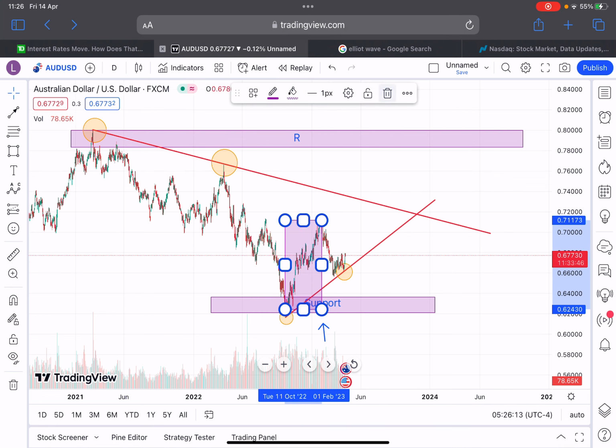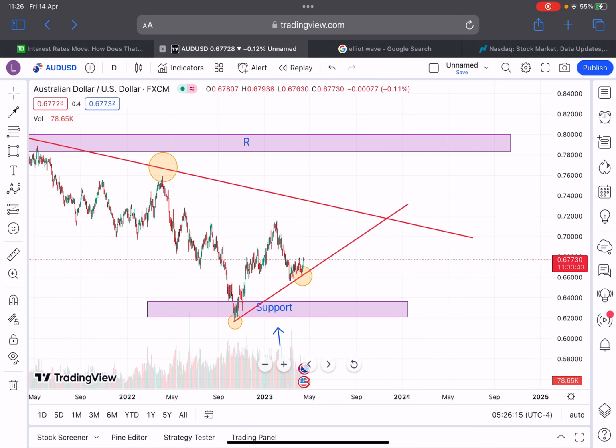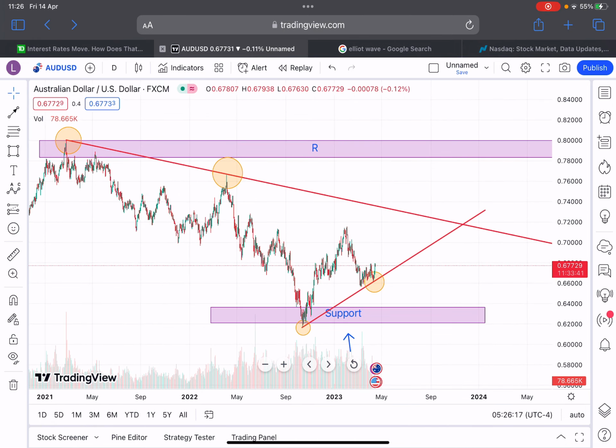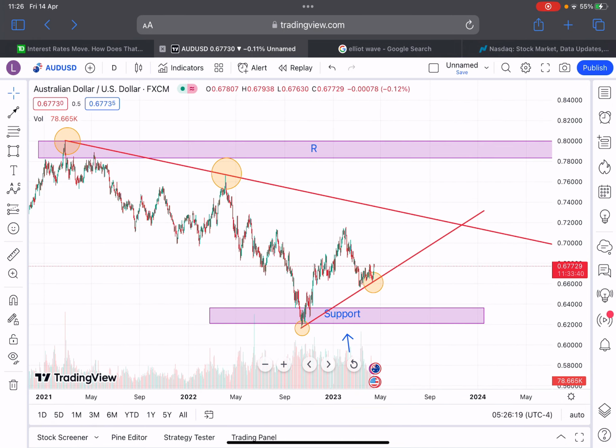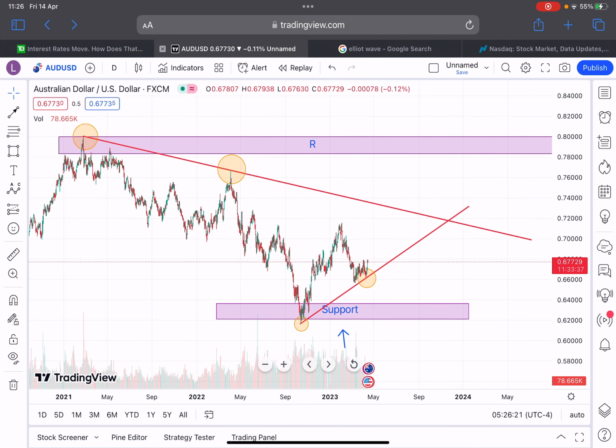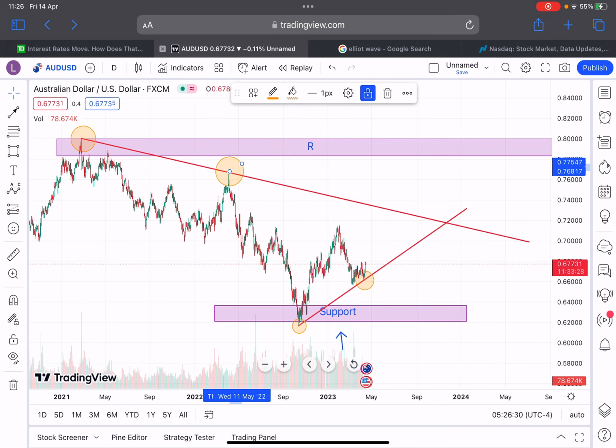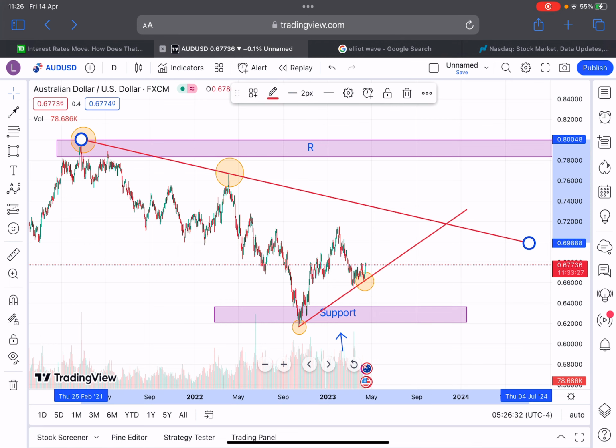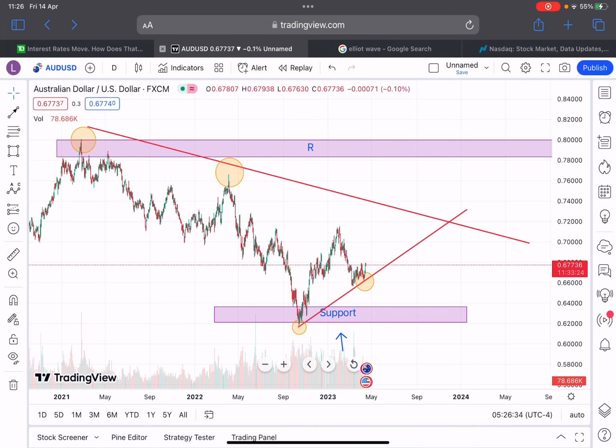So what we'll have to do is identify our touch 3. It is compulsory at this point. We have to identify our touch 3 to have a confirmation on this day 1 chart.